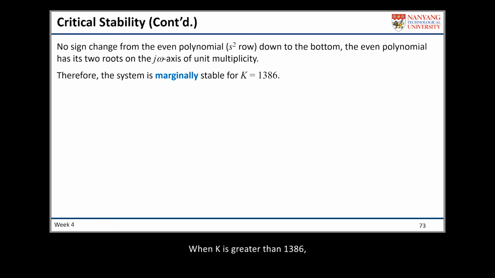When K is greater than 1386, your system is unstable. So in between, when K is exactly equal to 1386, intuitively, of course, your system will be marginally stable. And it agrees with the analysis of the Routh-Hurwitz that we just did in the previous slide.